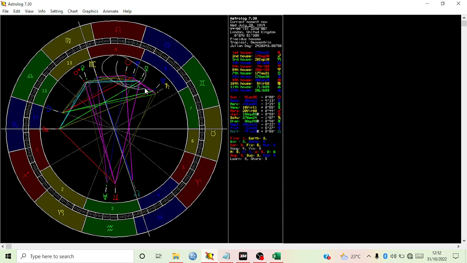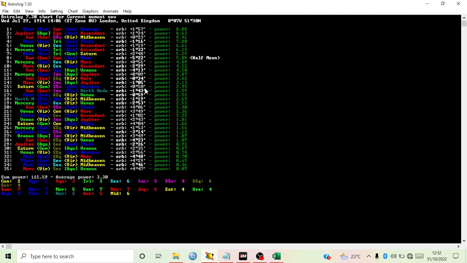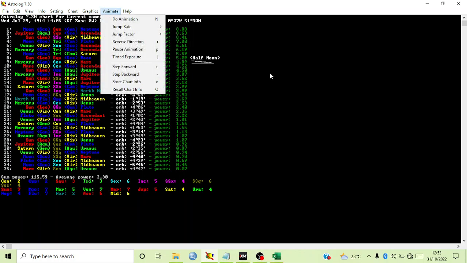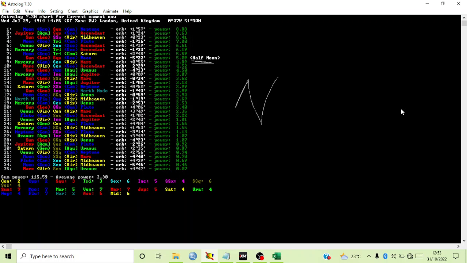So one other thing that I'll need to point out is that if we go back to the aspects, this is half moon, right? I can notice that there's always, between new and full moon, a middle point, which is half. There's always a half moon.